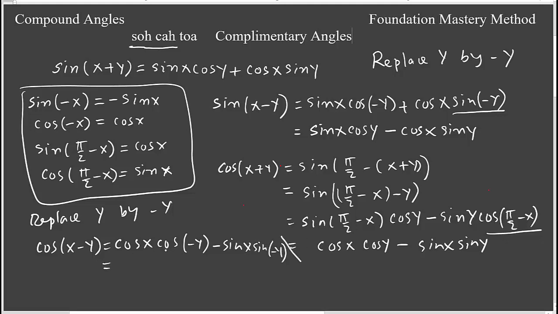This one is positive, so you have cosine x cosine y, and then sine of negative y gives a negative, and this will come out as a positive, so plus sine x sine y.